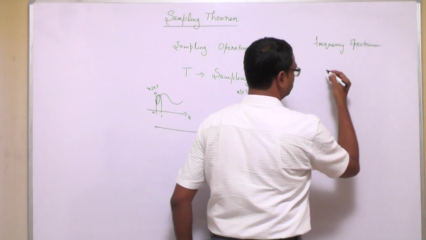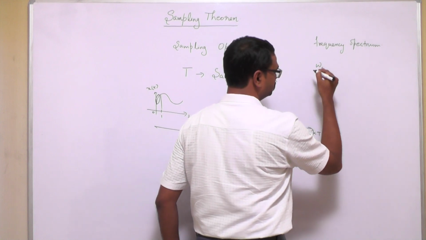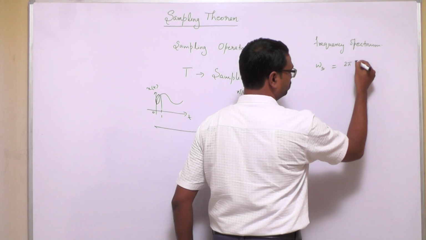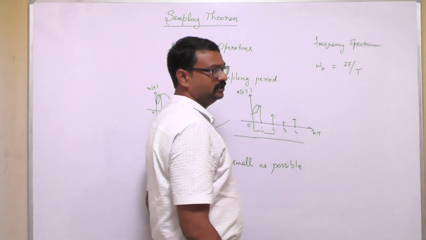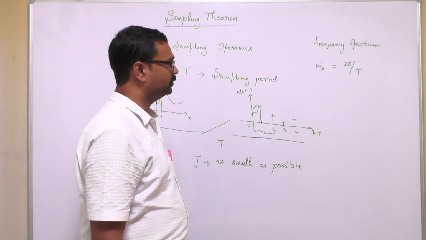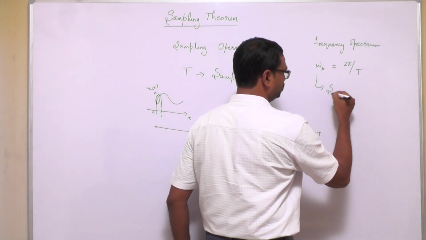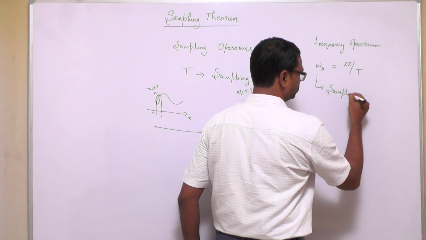So when we go for the frequency spectrum, we see that omega s is the sampling frequency, which is nothing but 2 pi by the sampling period T. Omega s is equal to 2 pi by T, where omega s is called the sampling frequency.